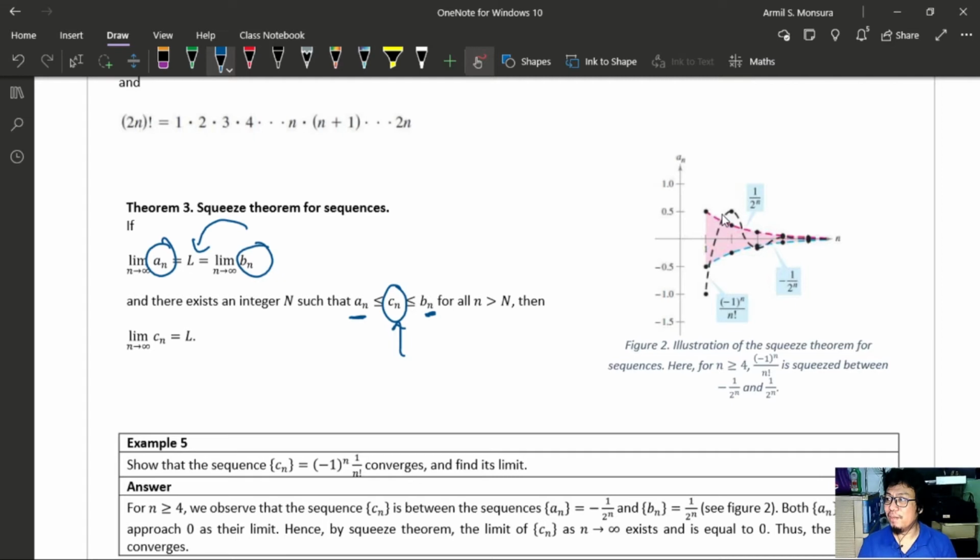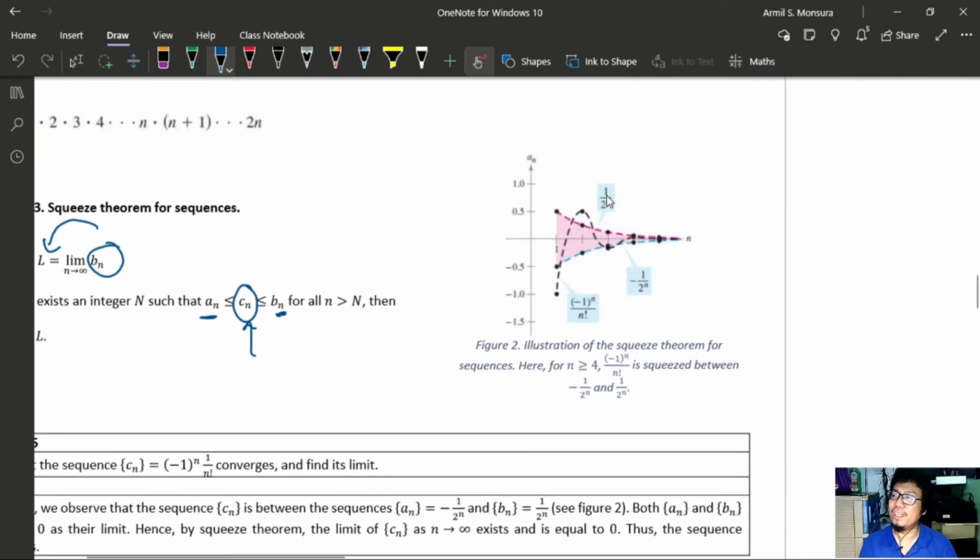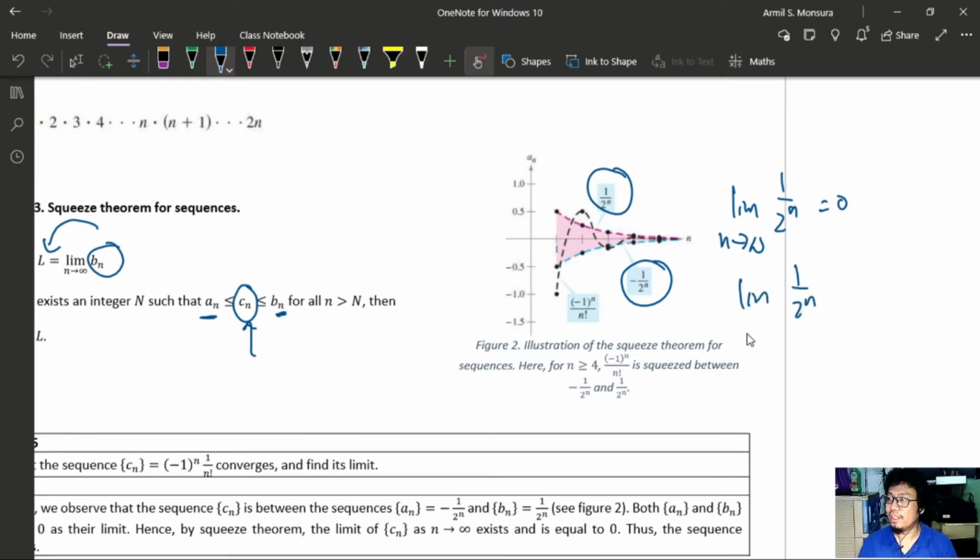Here, you have two sequences, this one and this one. We know that the limit of 1 over 2 raised to n as n approaches infinity is 0.